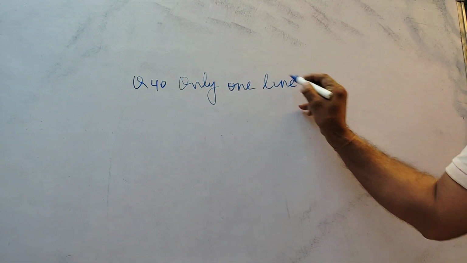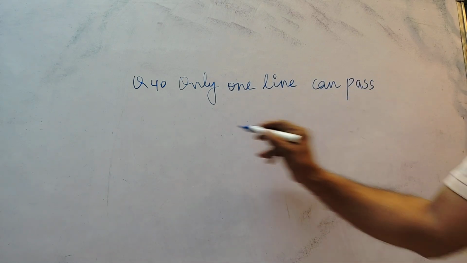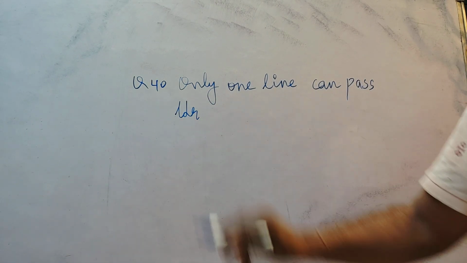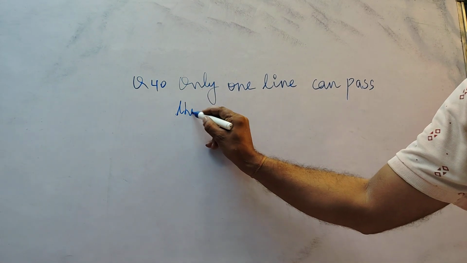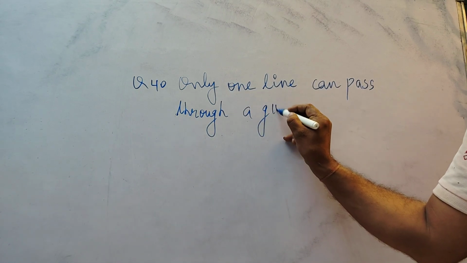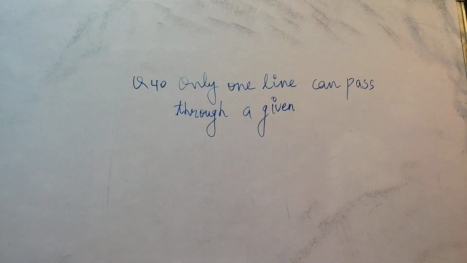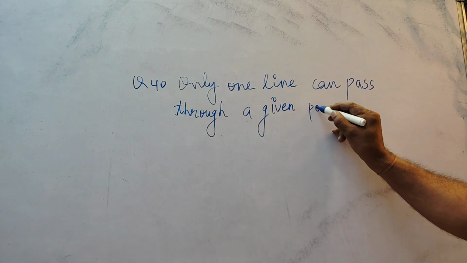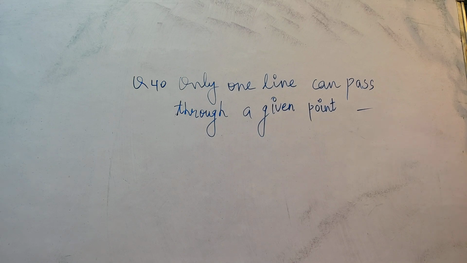Only one line can pass through a given point. Is it true or false? Only one line can pass through a given point.